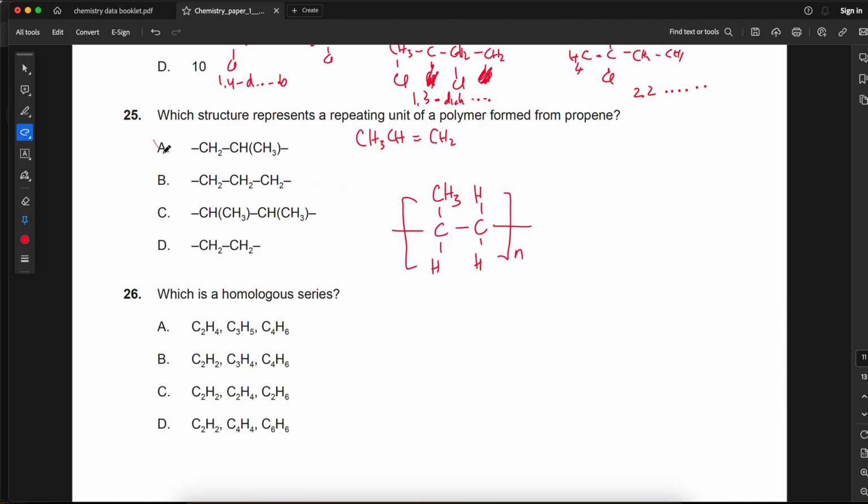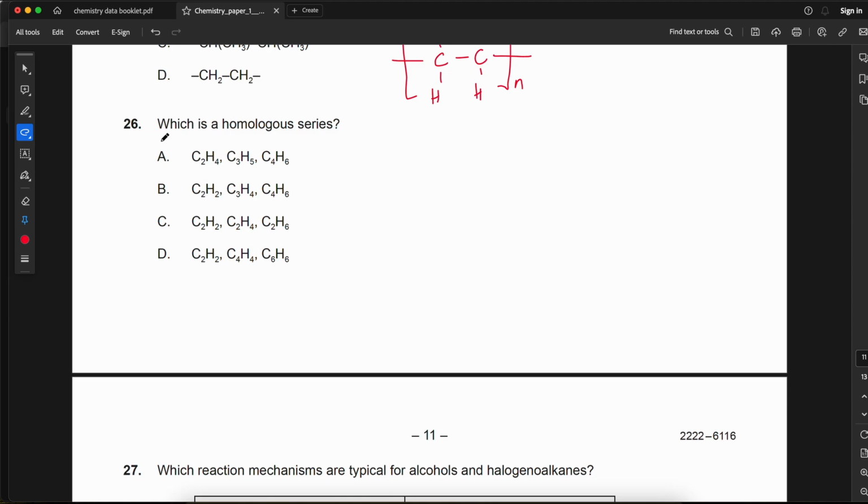So A, which is a homologous series. A homologous series should differ from the next by a repeating CH2 unit consistently. So that would be B. If you add CH2, so plus 1C plus 2H, C3H4, plus 1C plus 2H, C4H6.